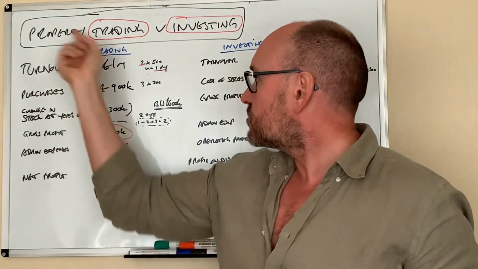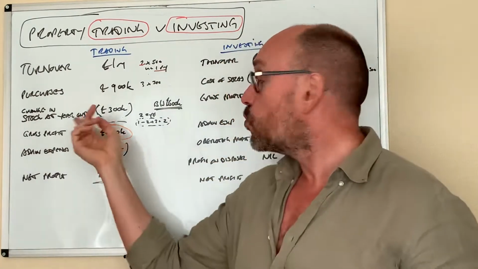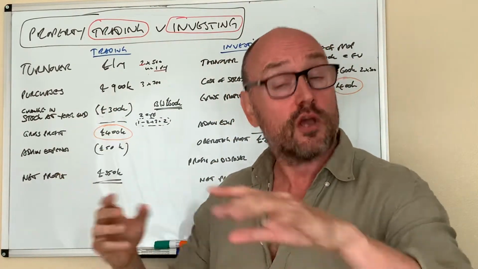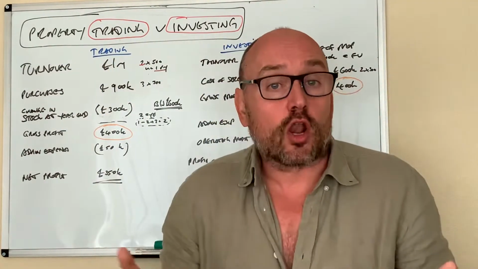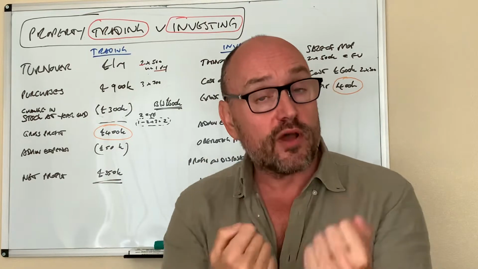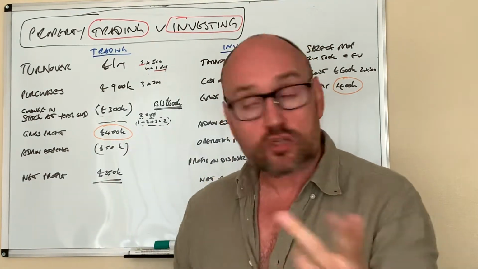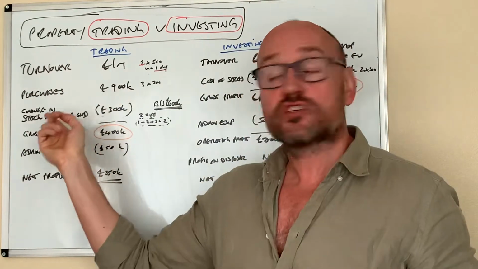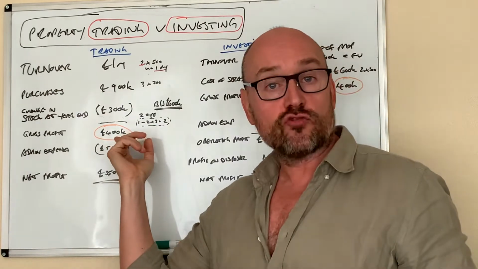That's general accounting principles that apply to any business manufacturing widgets and having stock of widgets, not just property, but property trading businesses generally follow any other type of business from an accounting perspective in terms of your profit and your cost of sales. So turnover, purchases, change in the stock figure, that's your gross profit, 400,000.